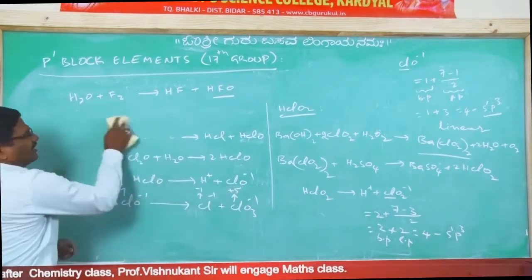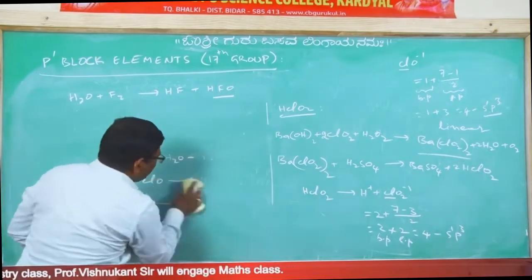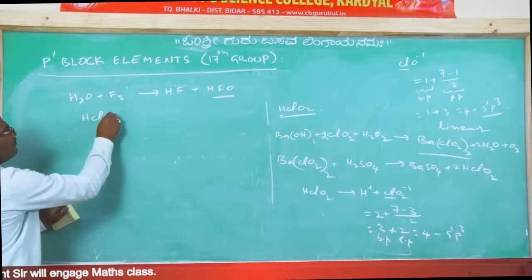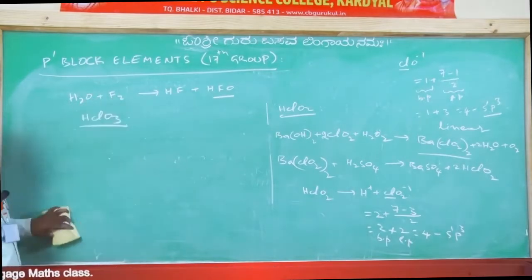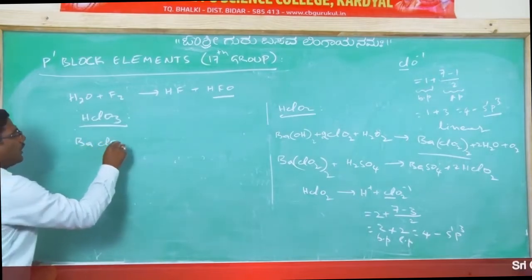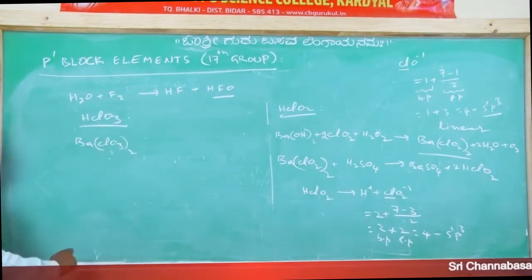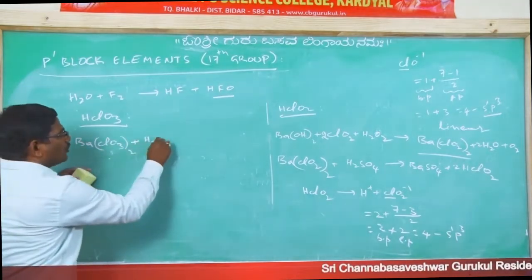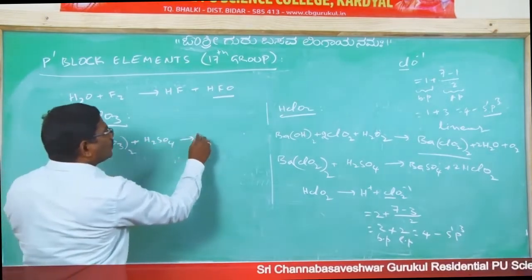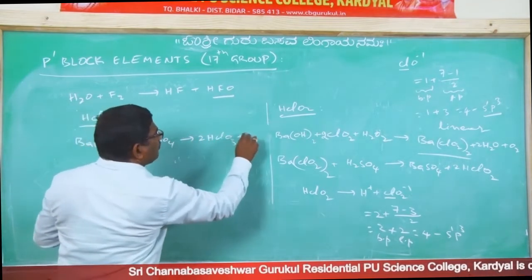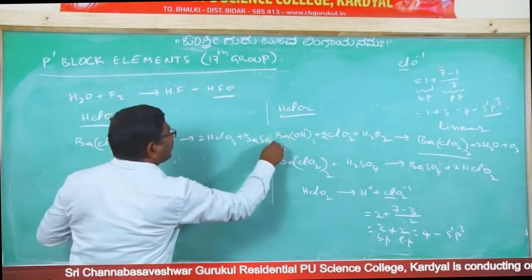HClO2. And next, chloric acid, HClO3. Chloric acid is prepared directly when barium chlorate reacts with sulfuric acid, converting into chloric acid with barium sulfate.